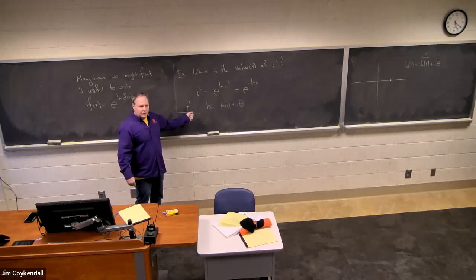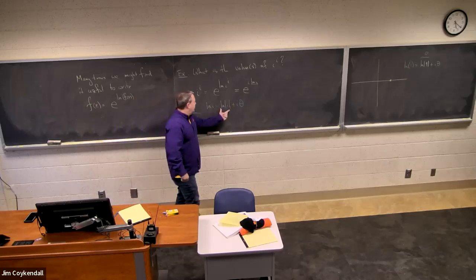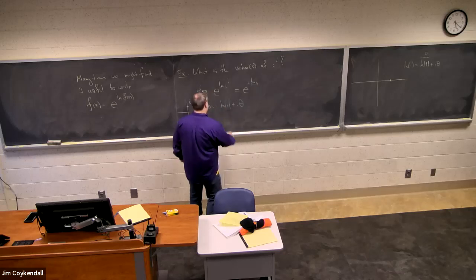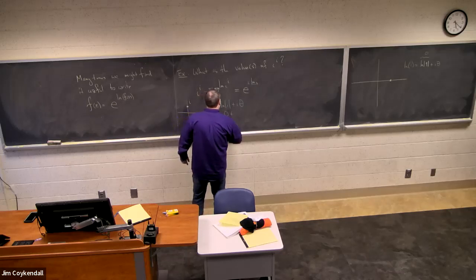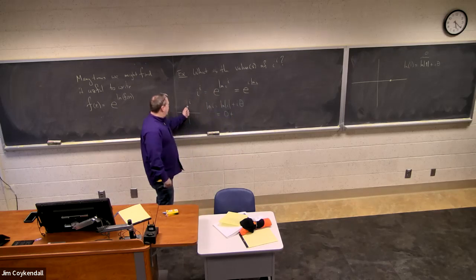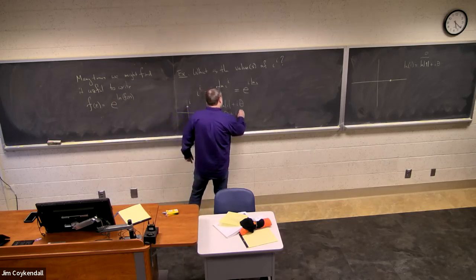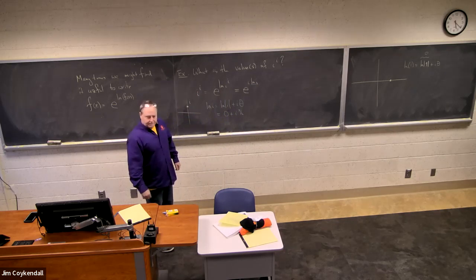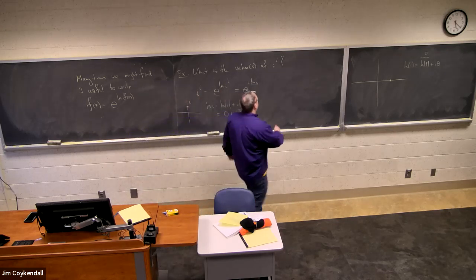It's on the unit circle, agreed? So this is the natural log of 1, which is 0, because the magnitude of i is 1. That's how far away it is from the origin. And the angle, I call that pi over 2, right?